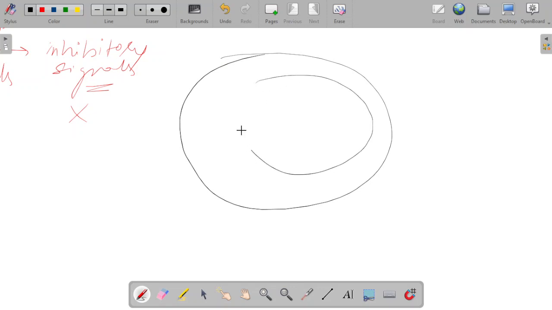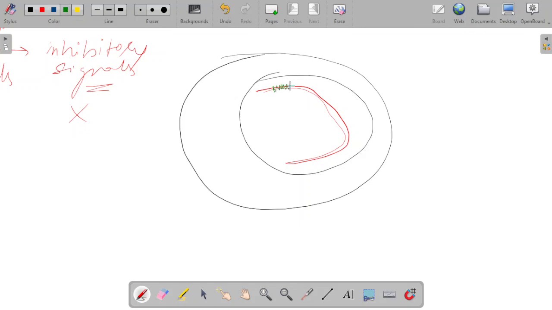and of course it has a nucleus, and in the nucleus there is DNA. Okay, let me change the color. This is the DNA, you can say. Fine. Okay, so there is a whole group of genes.